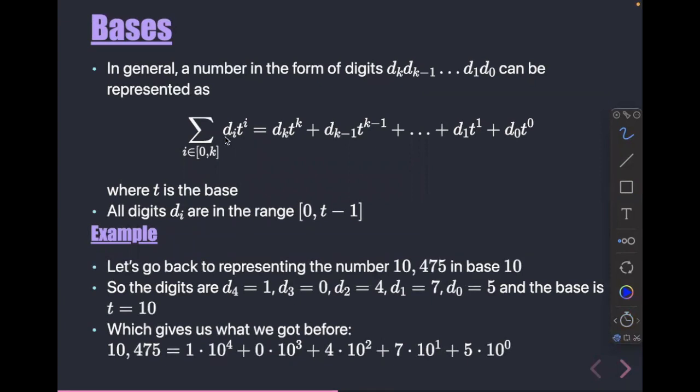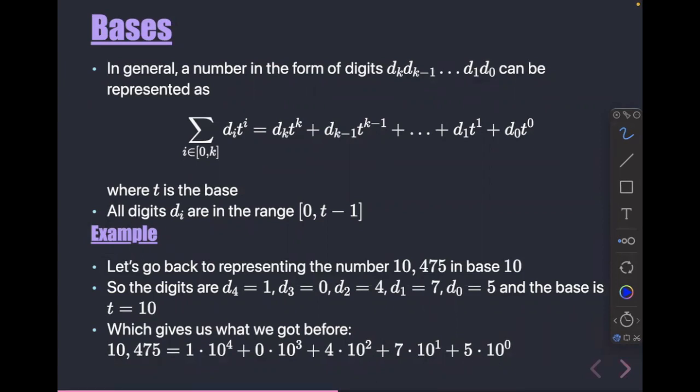You write it as your digits times your base, which is this T here, to different powers, and basically it's a decreasing power. So again, we wrote our number as 1 times 10 to the 4th, 0 times 10 to the 3rd, 4 times 10 squared, 7 times 10 to the 1, and 5 times 10 to the 0.